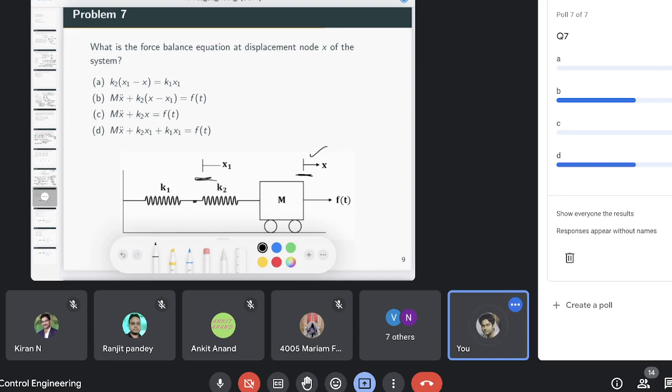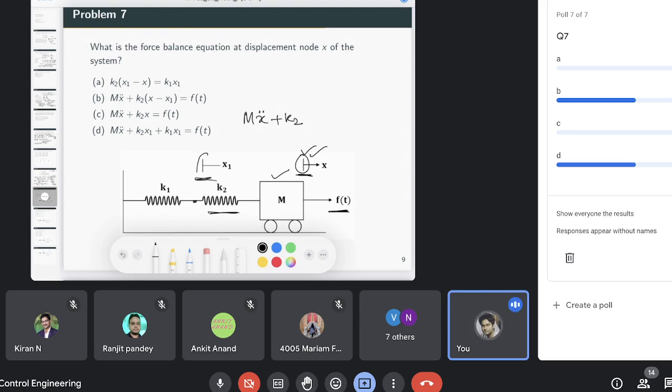So the first x position, you can see one force is acting, that is the externally this force Ft is applied, and for this force we have like two kind of resistance that could happen there. One is due to this inertia of this mass, and another due to the spring K2, right? So at this point we have this inertia will be just m times double derivative of x, okay, and for this spring it is K2 times this displacement.